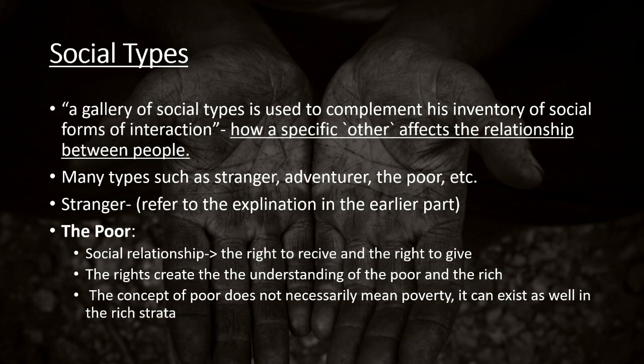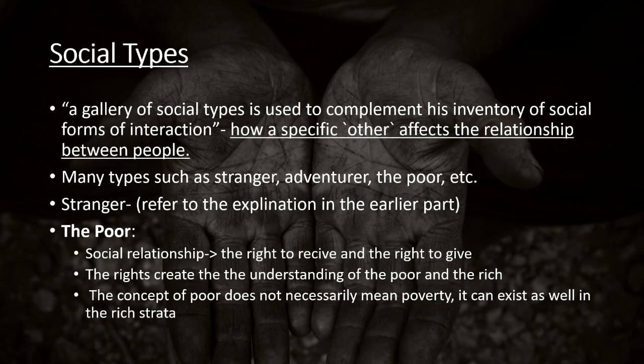So really, it is these rights and obligations by an objective culture that create the poor. In other words, poor does not simply come as natural, it's a very social thing, right?